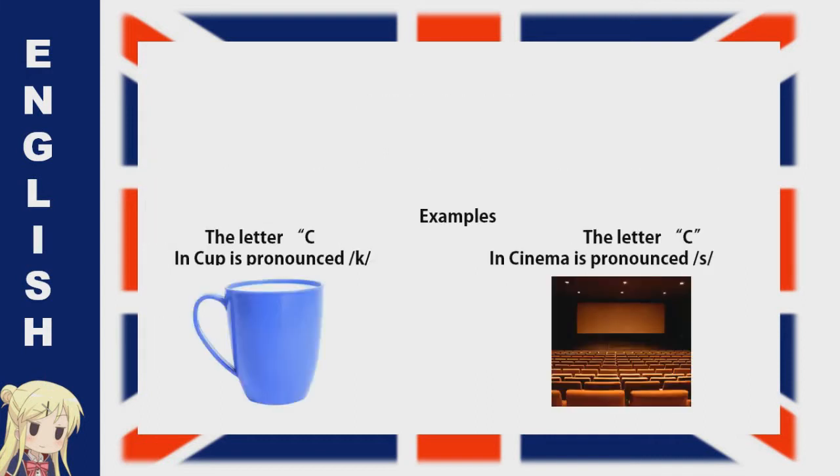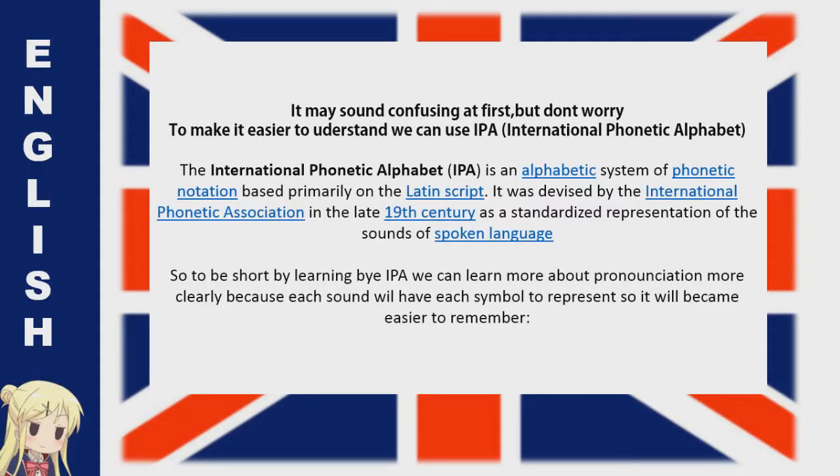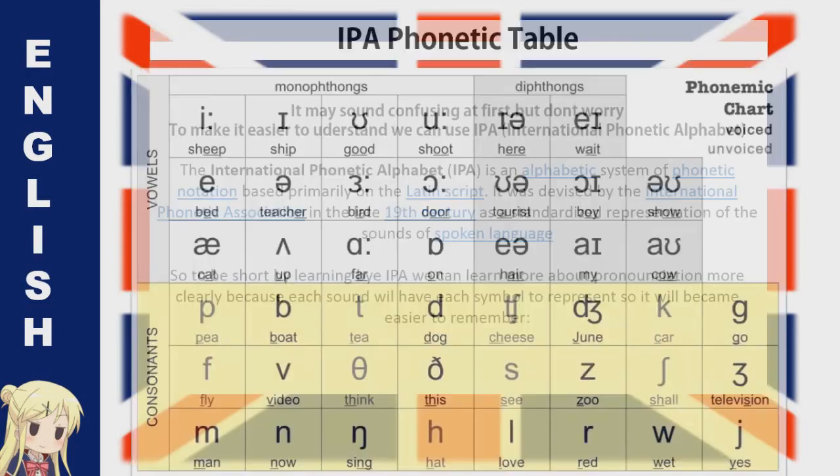For example, the letter C is pronounced K in cup, but the letter C in cinema is pronounced S, as in cinema. It may sound difficult and confusing at first, but don't worry.